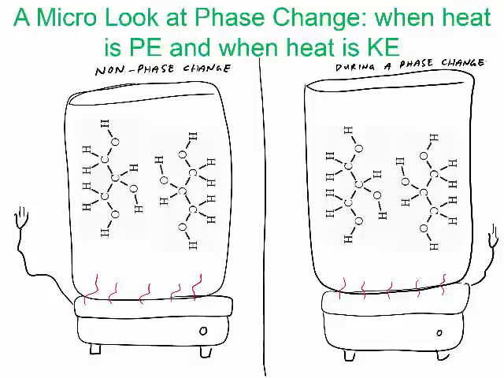So first of all, the molecule that we're using is glycerin. Okay, and here's the condensed formula, C3H8O3. Let's see, 2, 3, 4, 5, 6, 7, 8 hydrogens, and three oxygens.